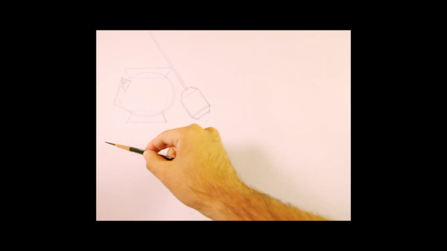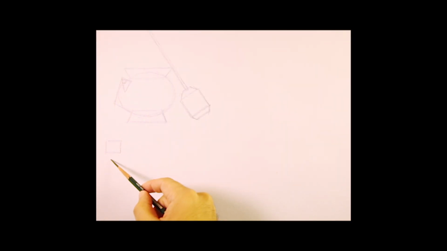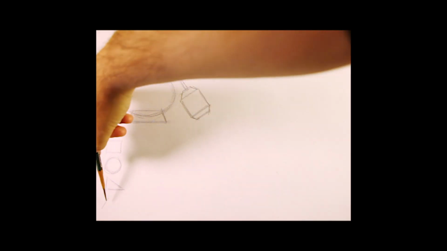I'm going to put the shapes right here again so we can use that as a guideline for what we're going to do. Square, circle, triangle, and trapezoid.